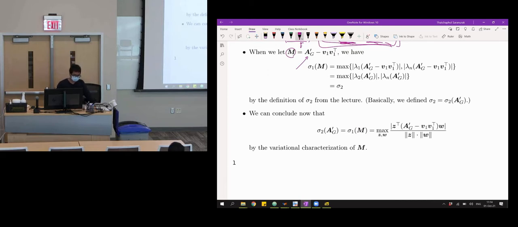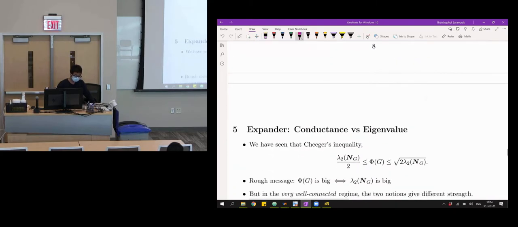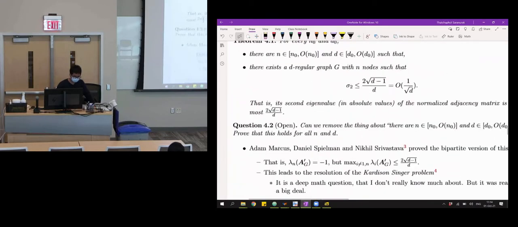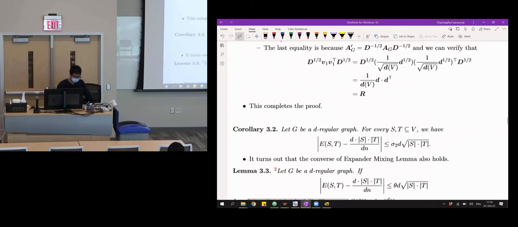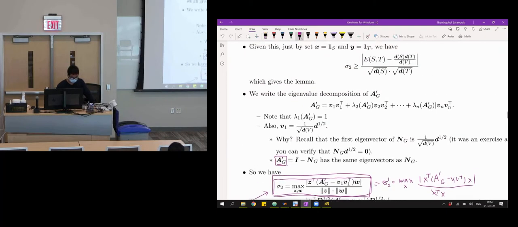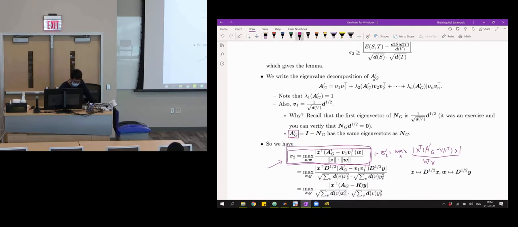This is from the expander mixing lemma, right? In that lemma, we work with A prime. Yeah, this thing is just the first eigenvector of A prime. Okay.